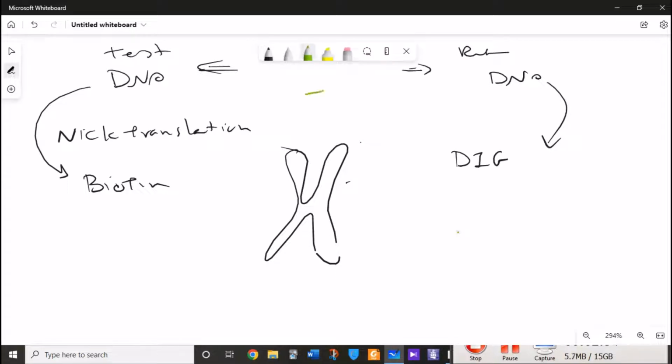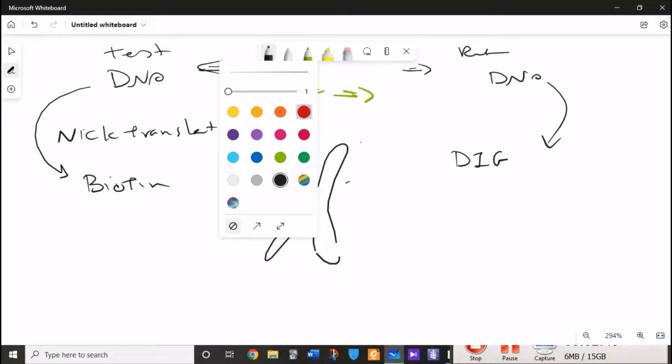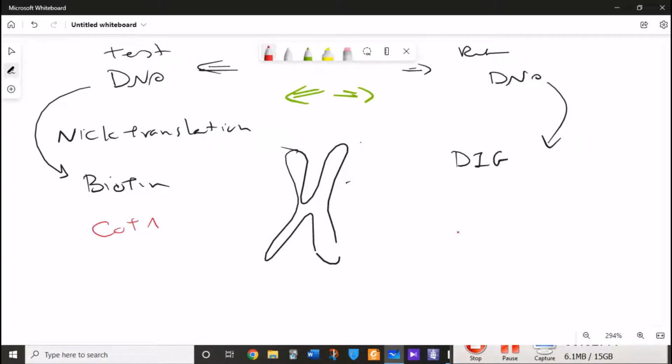After labeling the DNA from the two tissues, we add Cot-1 DNA to both DNA populations.